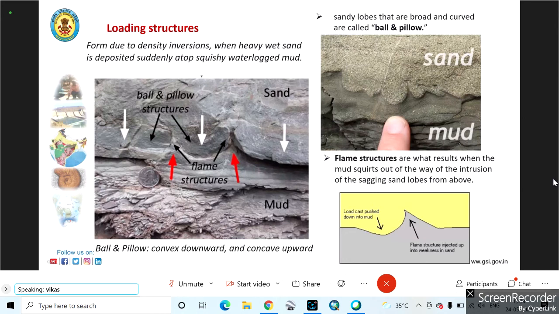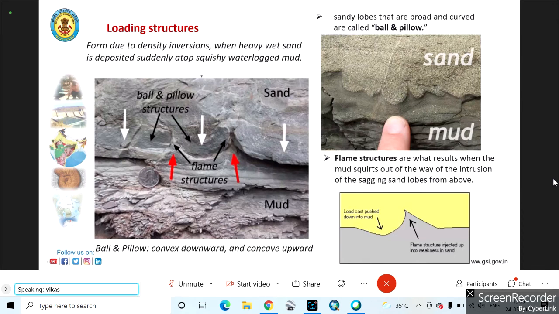And you can notice that where these circular sand bodies are, that is what we call a ball, and on the sides of that, some flame type structures are coming up. Flame means those angular parts that we are seeing; they are called flame structures. Where these flame structures are sharper, that upper side will indicate the younging upward direction.